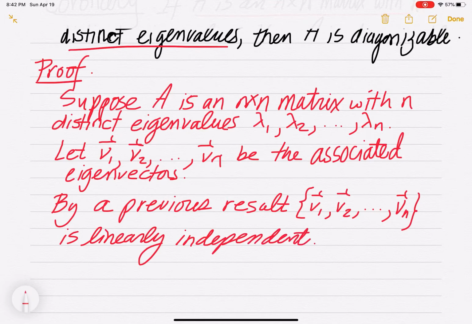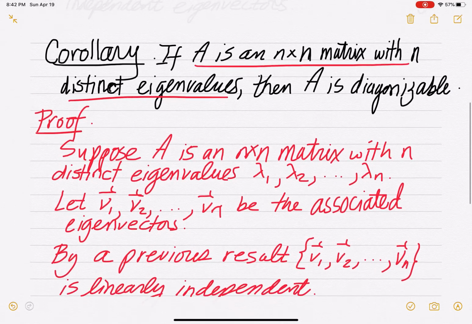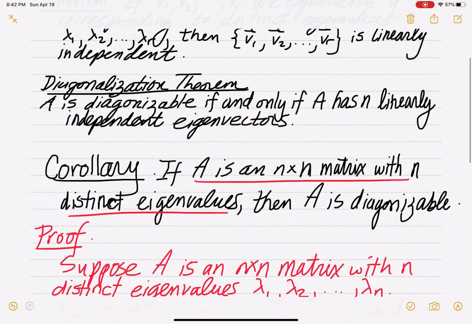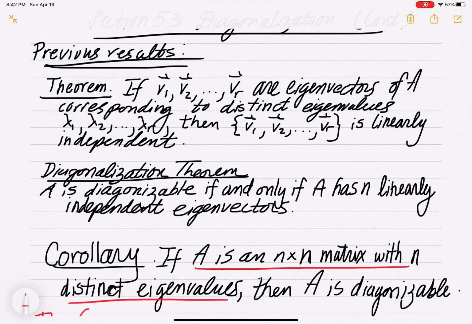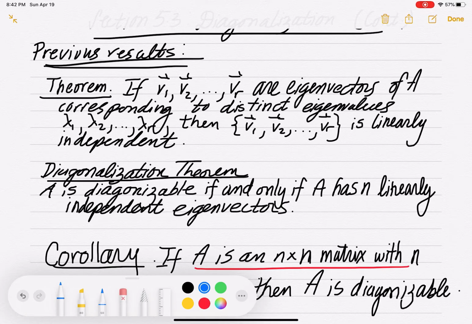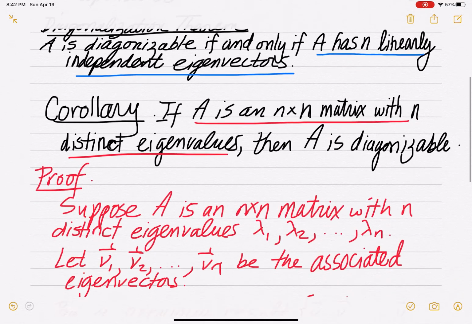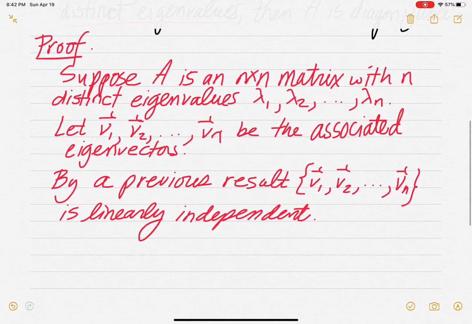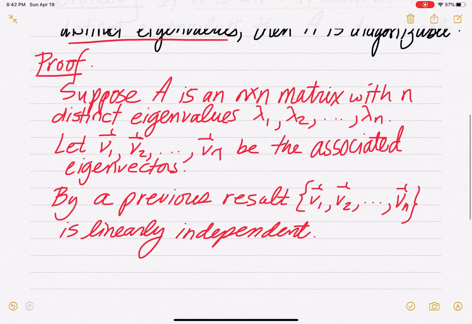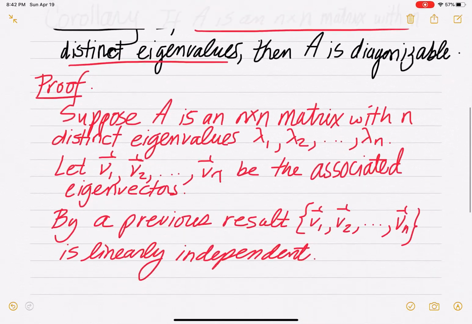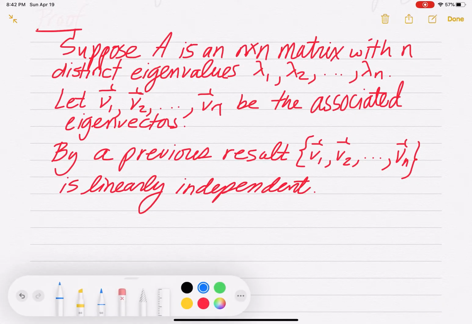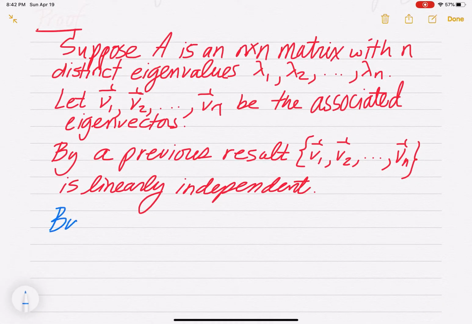So the question is, what can you use now if you have a set of linearly independent eigenvectors? These are eigenvectors. Well, now you can use the diagonalization theorem. The diagonalization theorem says if A has n linearly independent eigenvectors, that's what we have right here, v1 through vn, n linearly independent eigenvectors, that means A is diagonalizable by the diagonalization theorem.